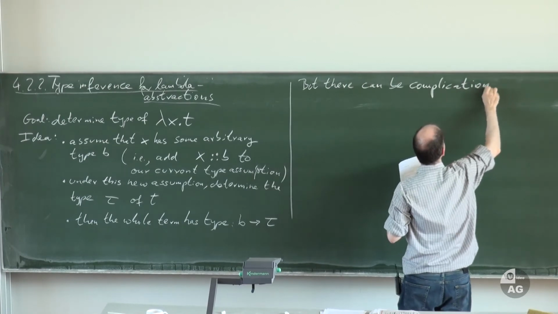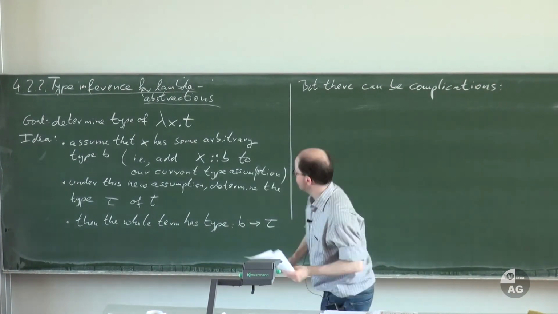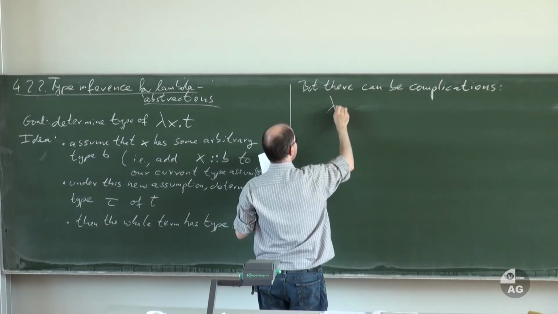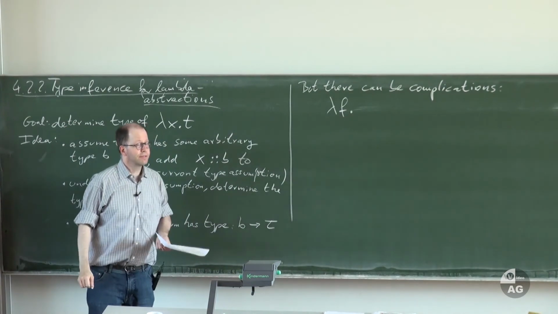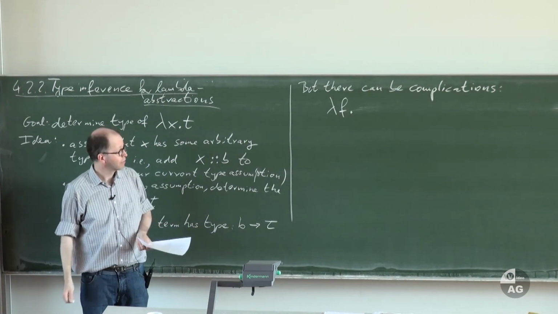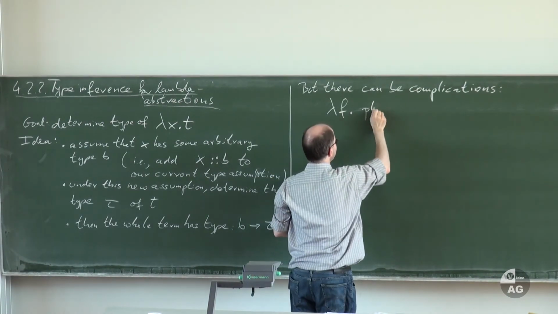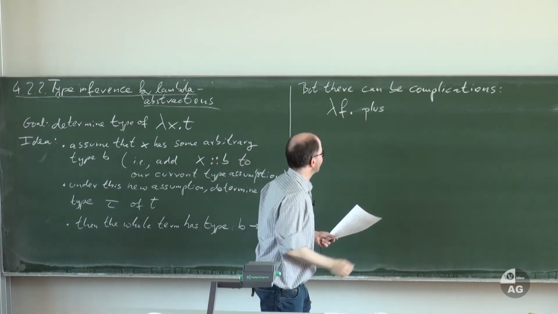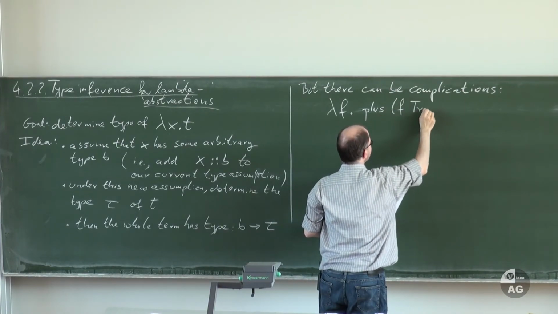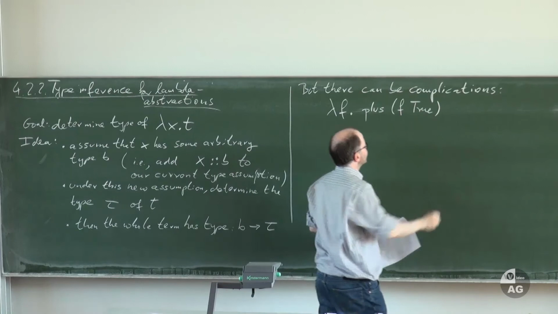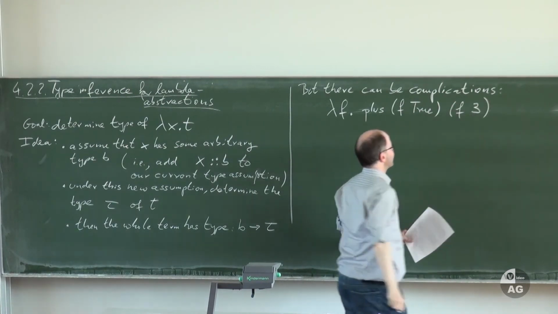And to show you that, let's look at the following nasty term. This nasty term takes a function f, and it will add certain things, so there's a plus. Namely, it adds the result that I get when I apply f to true with the result that I get when I apply f to the number 3.